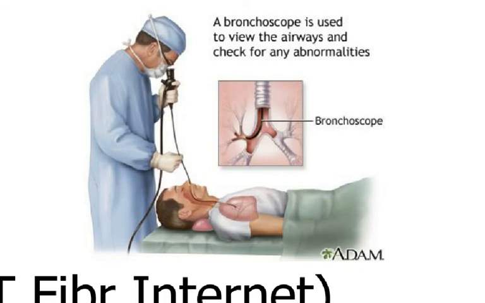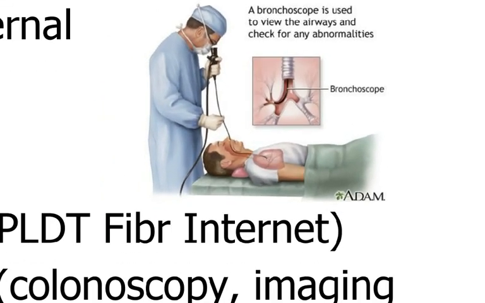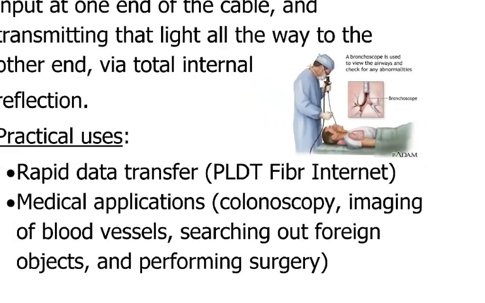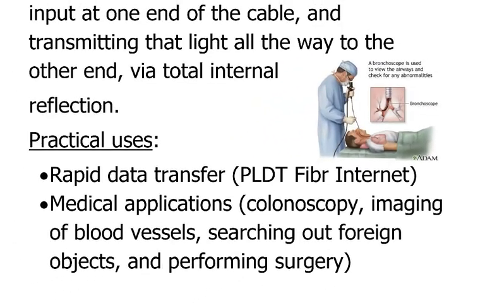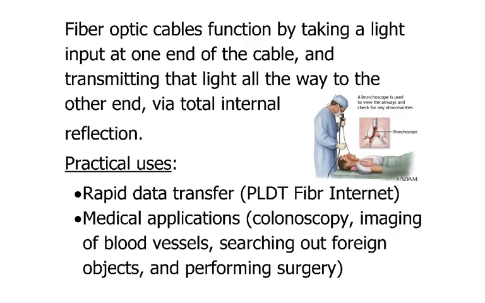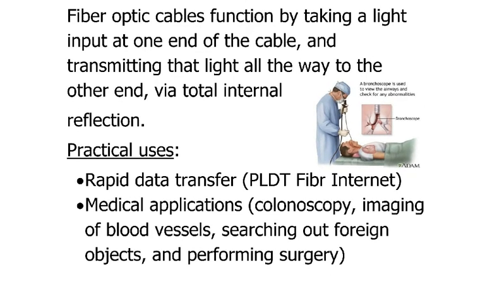Anyway, his airways in his lungs. So cool. There are so many applications in medicine and communication for fiber optic cables. And they really make life a whole lot better in a lot of ways for people.